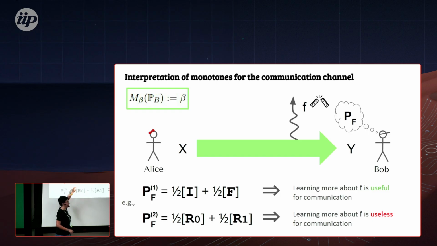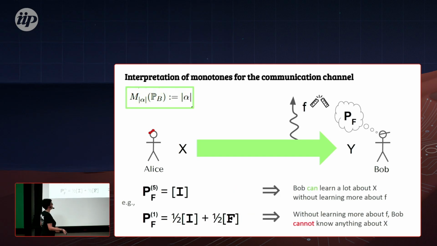And indeed, in our resource theory, this guy is more resourceful than this guy. The second monotone: this guy is more valuable than this one, because here Bob can learn a lot about X without learning anything else about the flag variable. But here, he cannot.